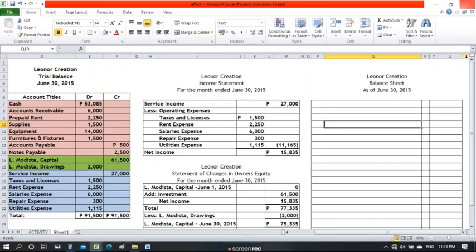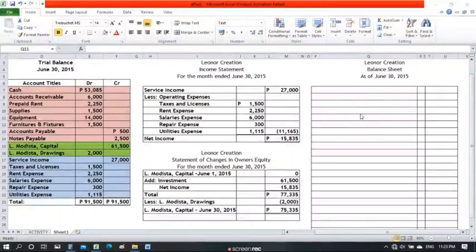Since in the balance sheet, dito lalabas yung inyong accounting equation na asset is equal to liability plus owner's equity. Accounting equation, also known as the balance sheet equation. So we are going to balance the assets and the liabilities plus the owner's equity.